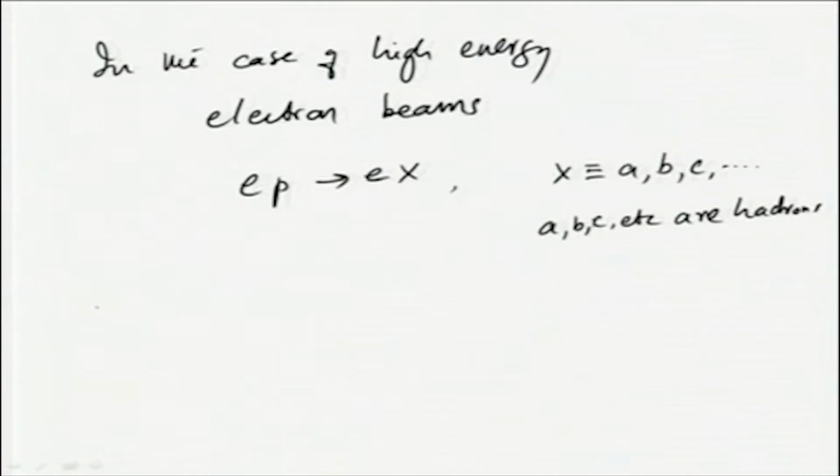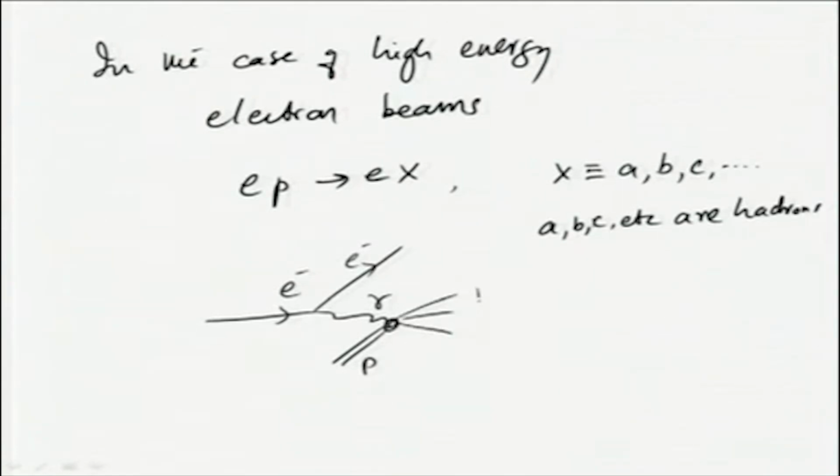Such inelastic scattering let us represent in this fashion as e minus in the initial state and e minus in the final state, and proton in the initial state, but going into different hadrons in the final state, right.